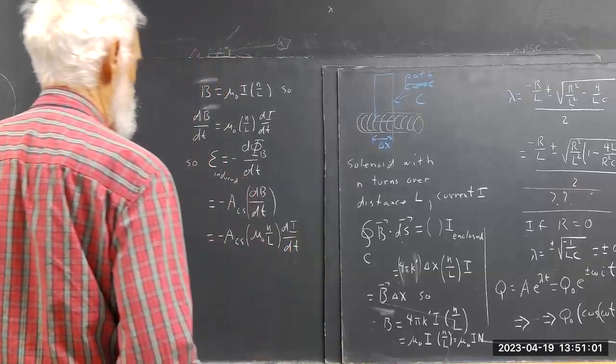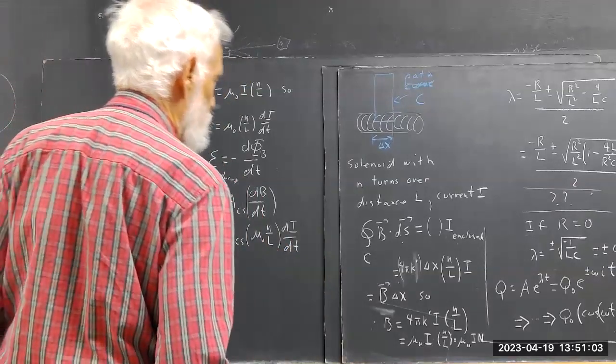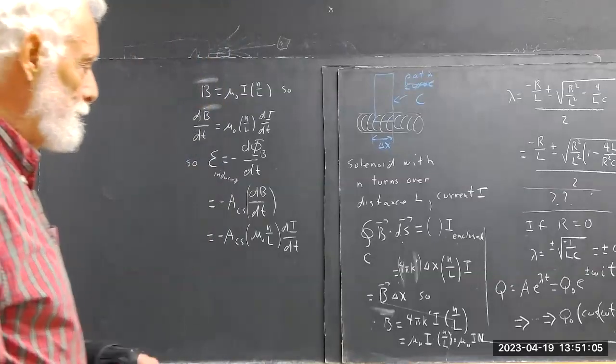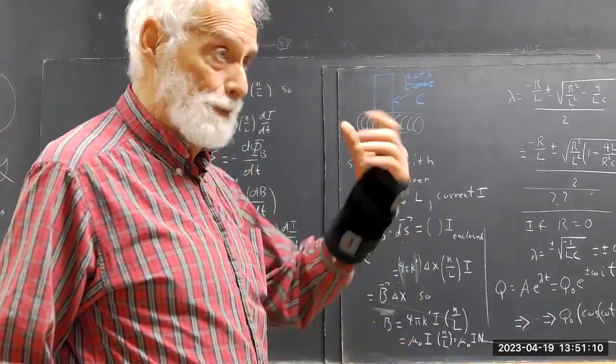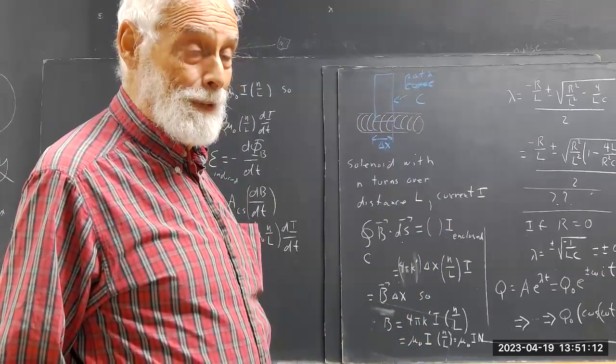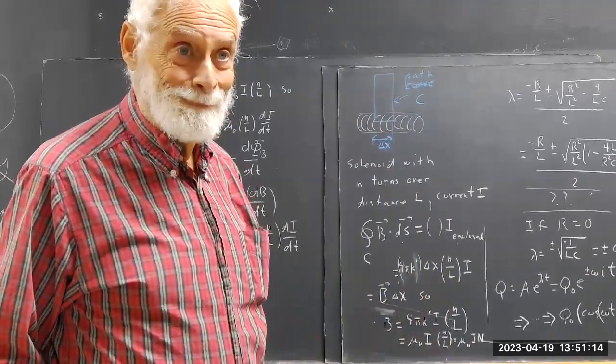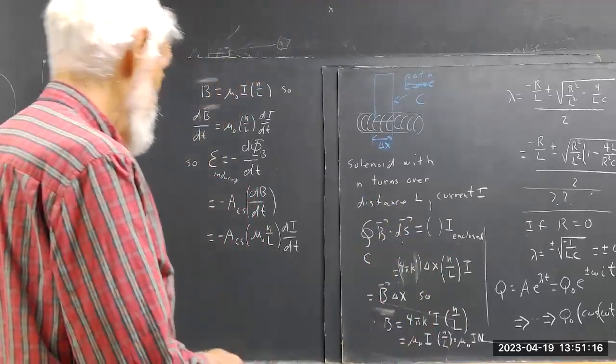di dt. And now I've got a really bad notational problem because I'm using capital L for the length of this thing, or whatever section, right? The capital L is the inductance. That's a bad choice of symbols.